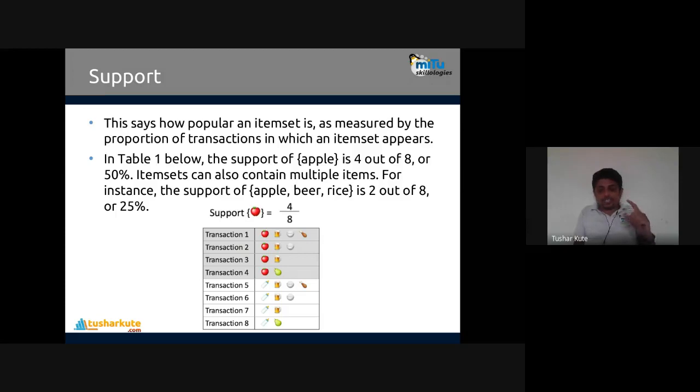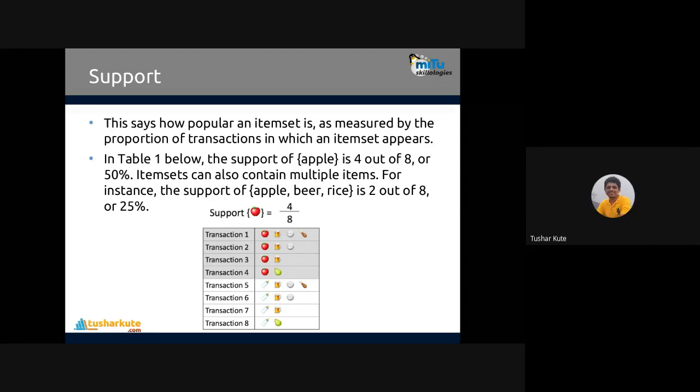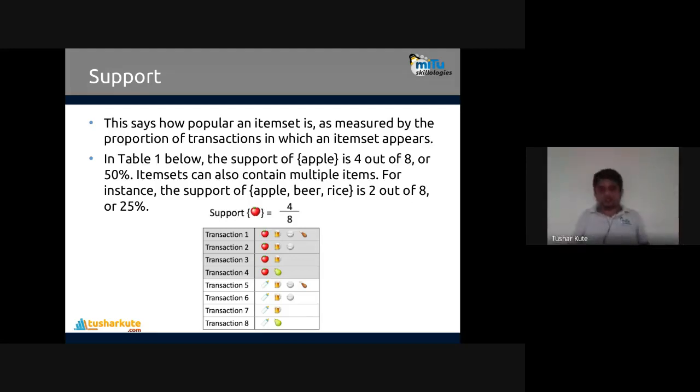Apple, beer, rice and chicken is 1 out of 8. What's the support of milk and beer? 3 out of 8. The support can be there for an individual item as well as a set of items.